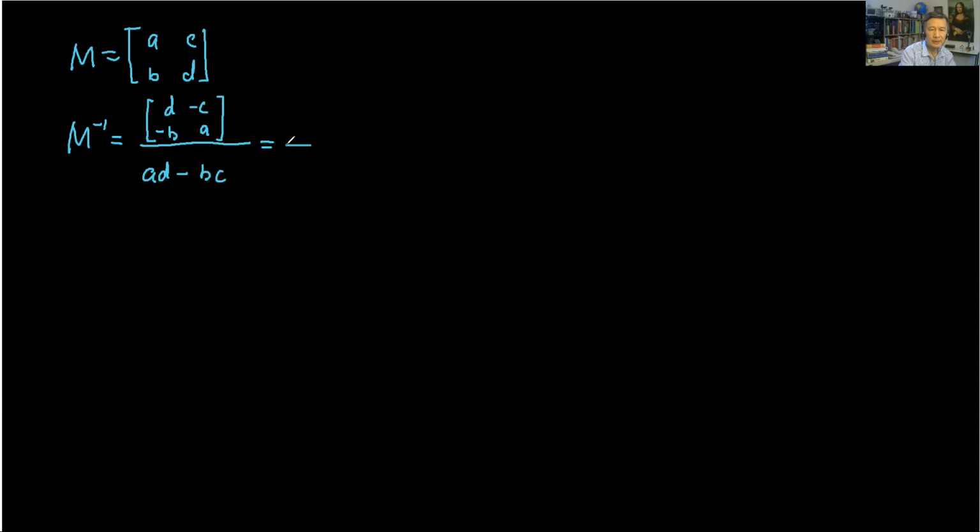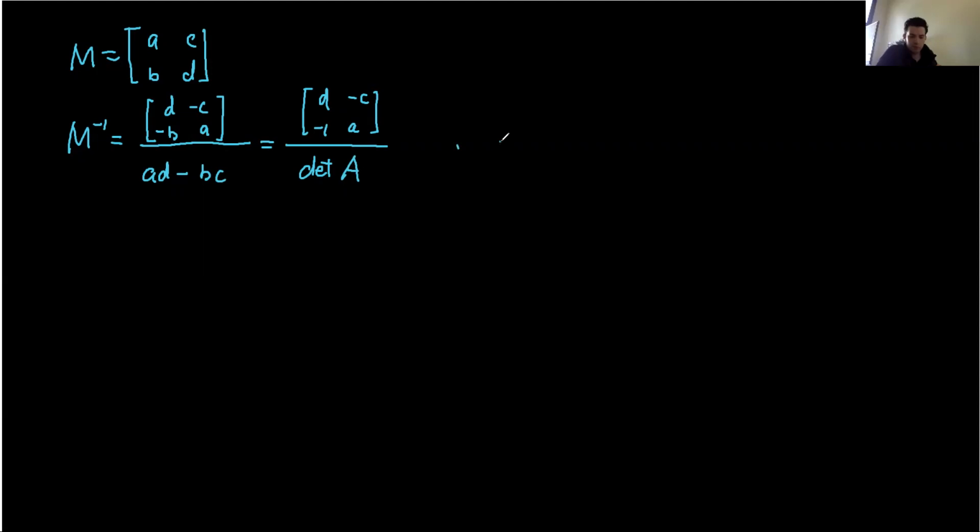So we'll copy it again: D, A, negative B, negative C. That will be divided by the determinant. That's very important. The quantity is called determinant A, or det A. By definition, it can be written with slightly different notation.